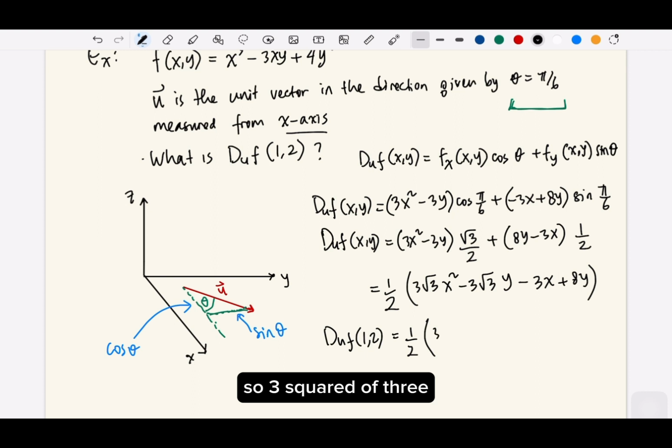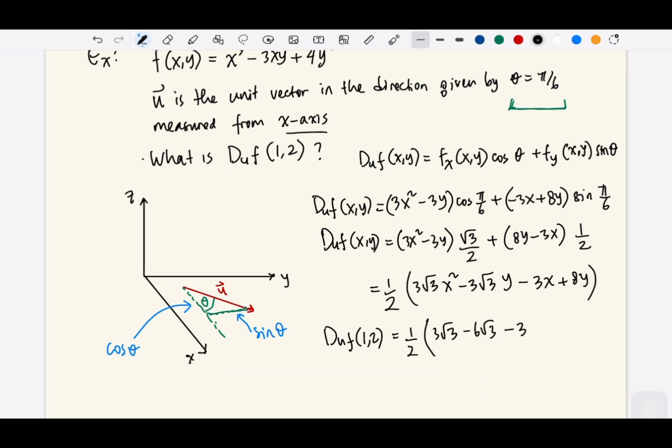So 3 square root of 3, and then this will be 6 square root of 3, this will be negative 3, plus 16.